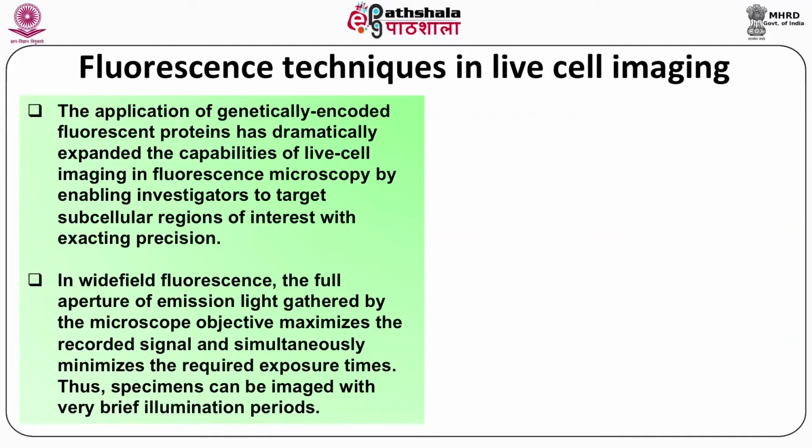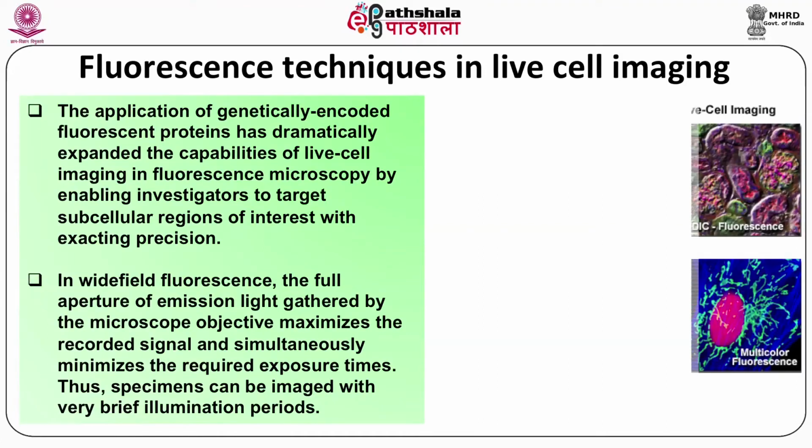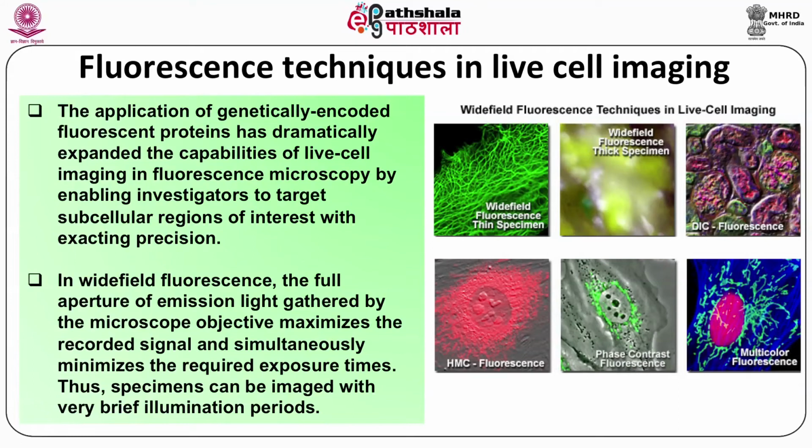In wide field fluorescence, the full aperture of emission light gathered by the microscope objective maximizes the recorded signal and simultaneously minimizes the required exposure time. Thus, a specimen can be imaged with a brief illumination period. You can see here some images showing live cell imaging using green fluorescent protein variants.